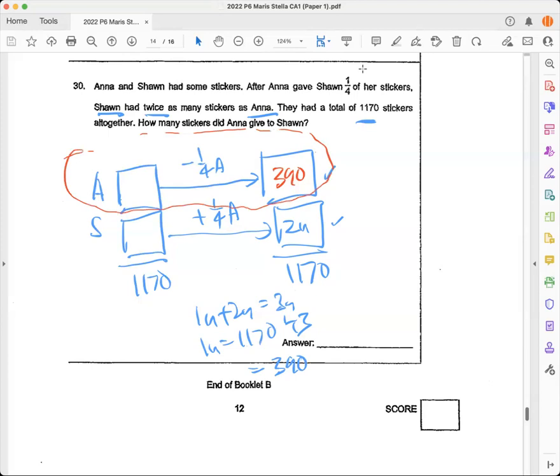Anna gave 1/4 of her stickers away. She's left with 390. If she gave 1/4 away, it means 390 has to be 3/4 of what she had. Then 1/4 of what she had will be 390 divided by 3, which is 130. The question asks, how many stickers did Anna give away? Anna gave 1/4 away, so the answer is 130.